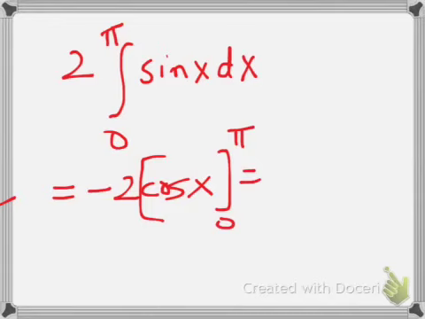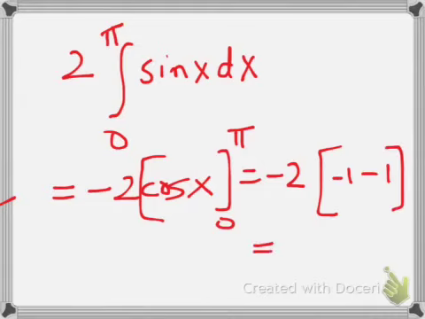Okay, let's plug in the limits. It's -2, and cosine of pi, if I plug in, it's -1, minus cosine of 0, which is 1. So that becomes -2 times -2, which is the same as 4. So that area is 4.